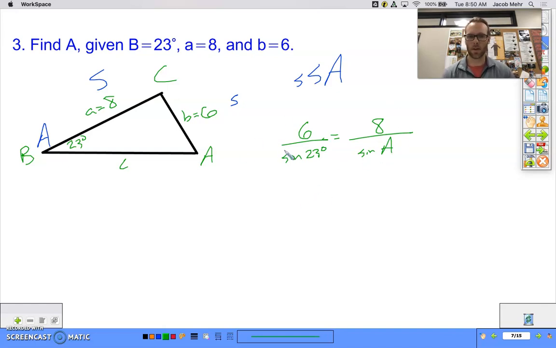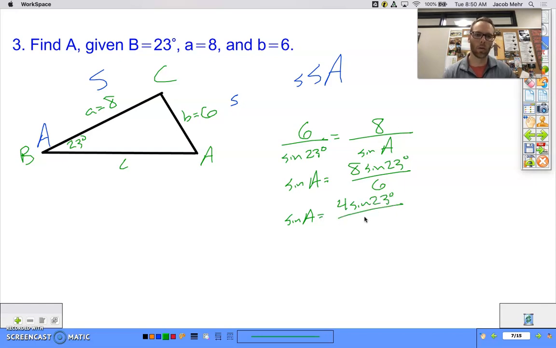Now, how are we going to solve this? Using cross products, cross multiply and divide, however you want to think about it. We have the sine of angle A equals 8 times the sine of 23 degrees over 6. In other words, the sine of angle A equals 4 times the sine of 23 degrees over 3 when I reduce the 8 over 6.